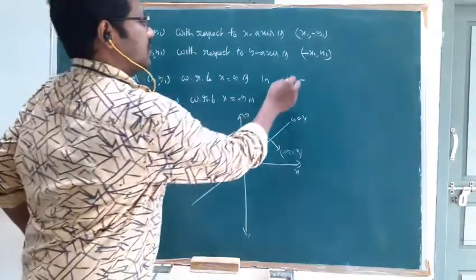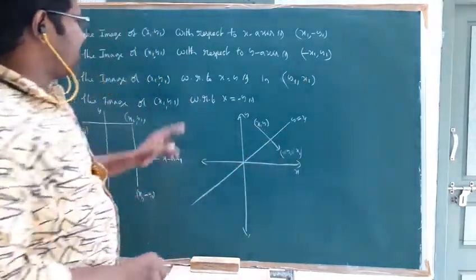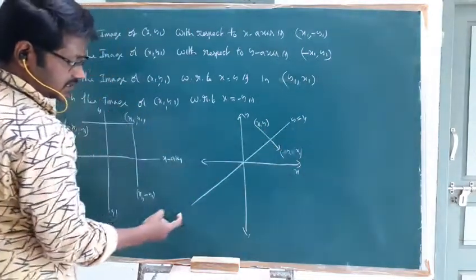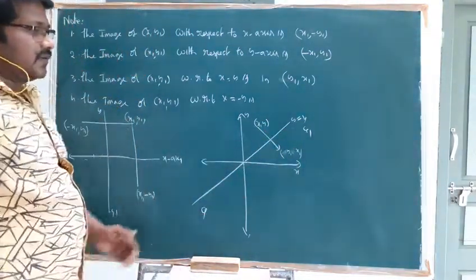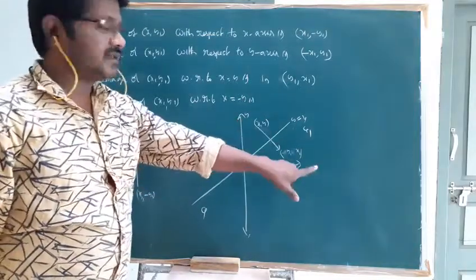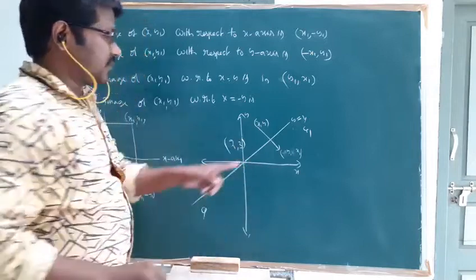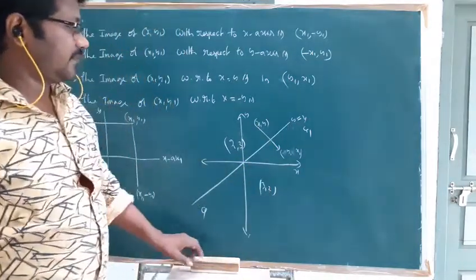What is the image? Just interchange. Sorry, just interchange: y1 comma x1 with respect to y is equal to x. Whenever it is with respect to y is equal to x, passing through origin in the first quadrant and third quadrant, x y changes into y comma x. If 2 comma 3 is given with respect to y is equal to x, it is 3 comma 2. Like this we can find.